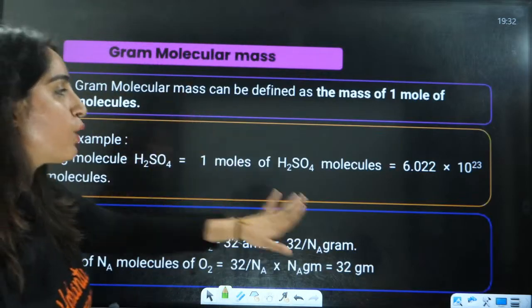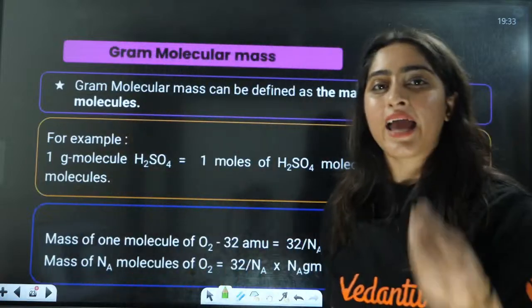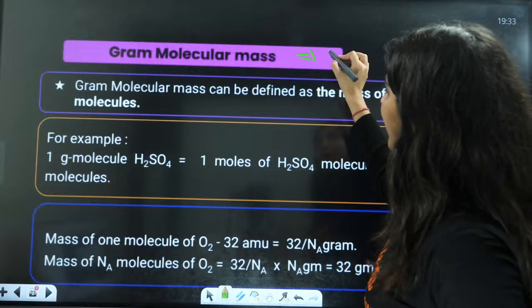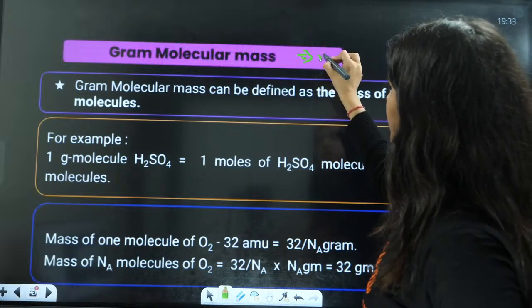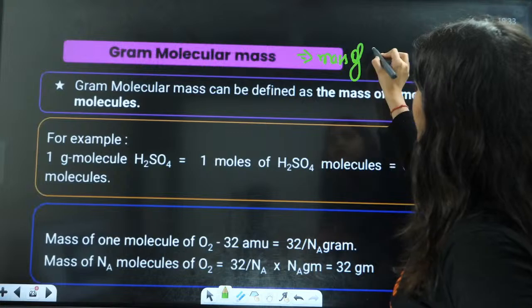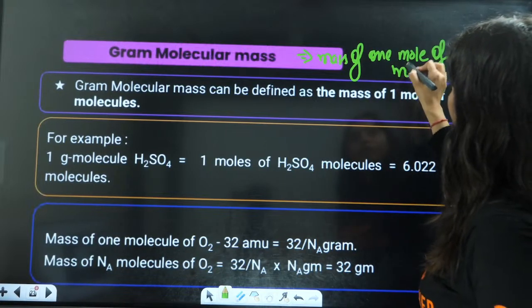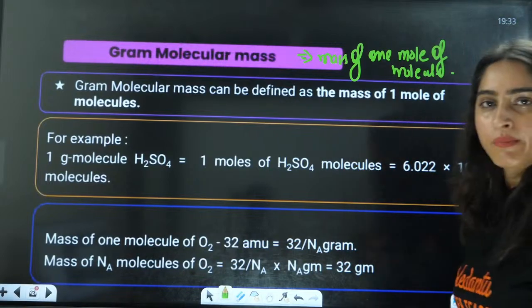Next we have gram molecular mass. For gram molecular mass, again same thing. The mass of 1 mole of molecules is called gram molecular mass.